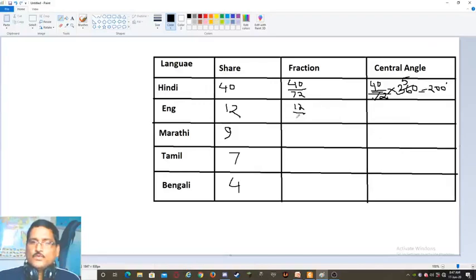You can cut here, equals 1 by 6. 1 by 6 multiplied by 360, cut 6, so it is 60 degree.